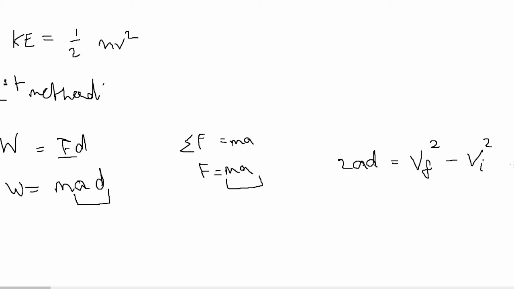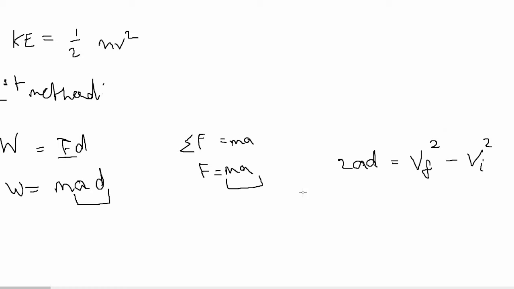So it's the difference of your velocity squared. And also recall that (v final minus v initial) squared is not equivalent to that. These are two separate ideas, right?